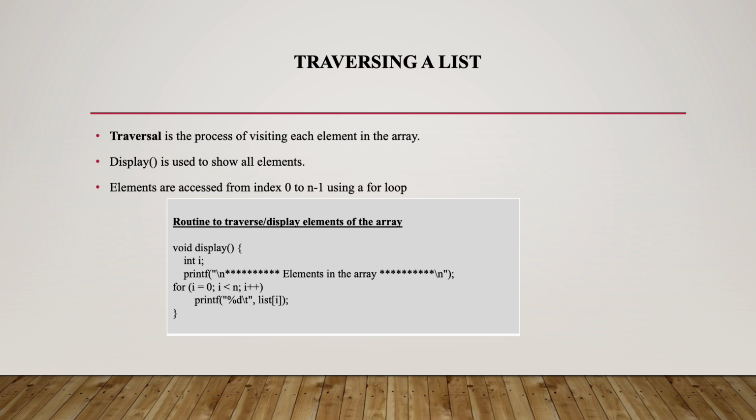In our program, we usually do this with the function called display, which prints all the elements so we can see what's stored in the list. To traverse the list, we always use a for loop which starts from index 0 and goes up to n minus 1, because the last element in the array is always at index n minus 1.